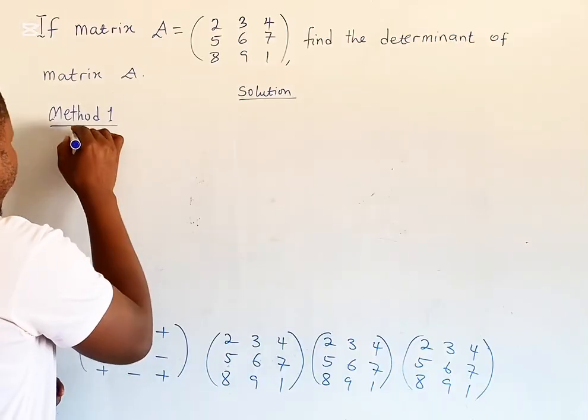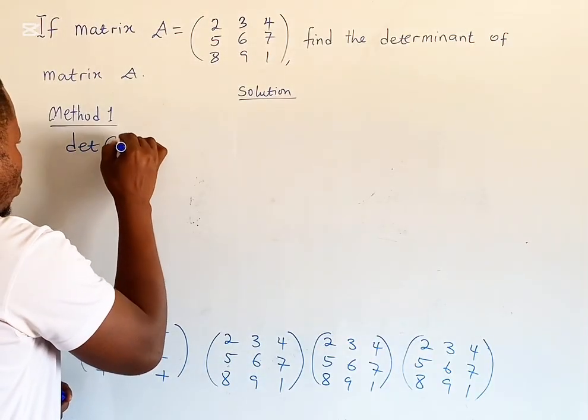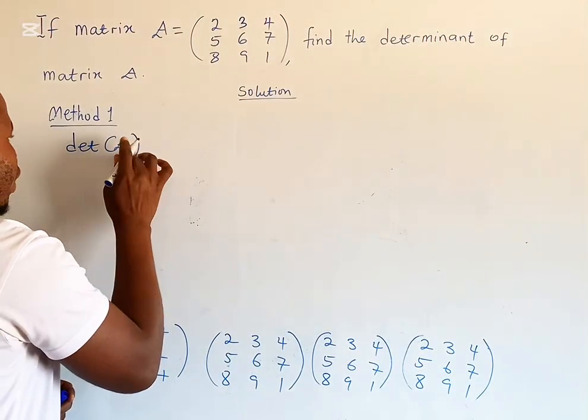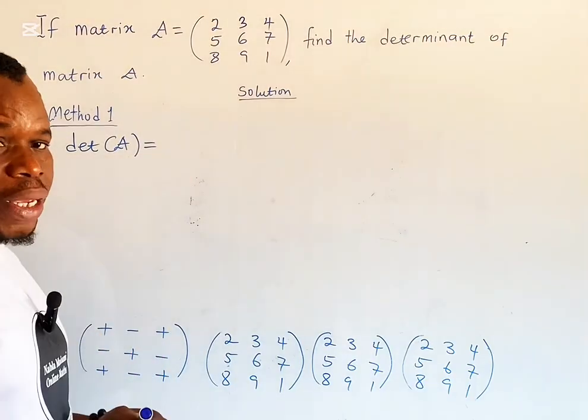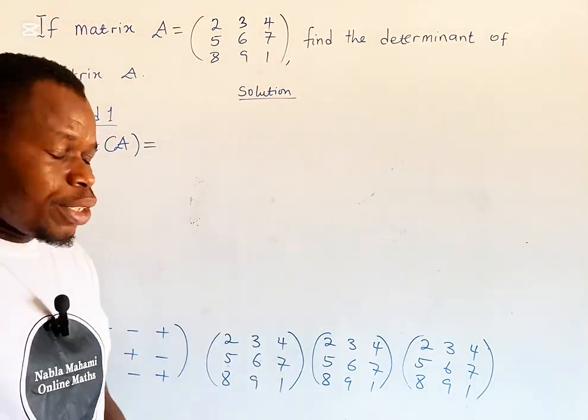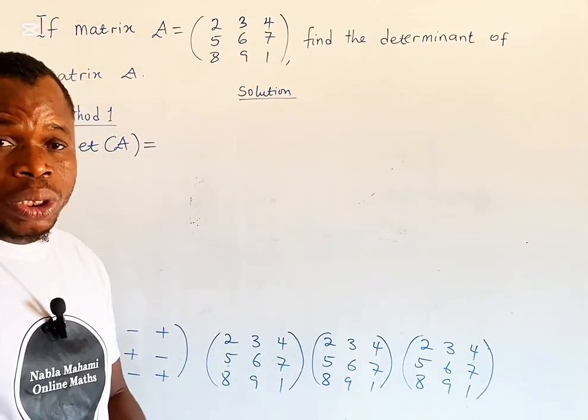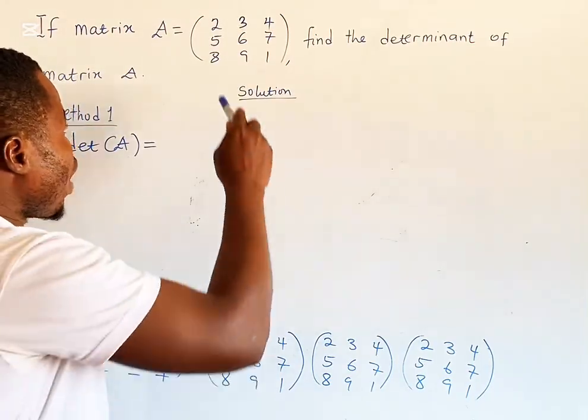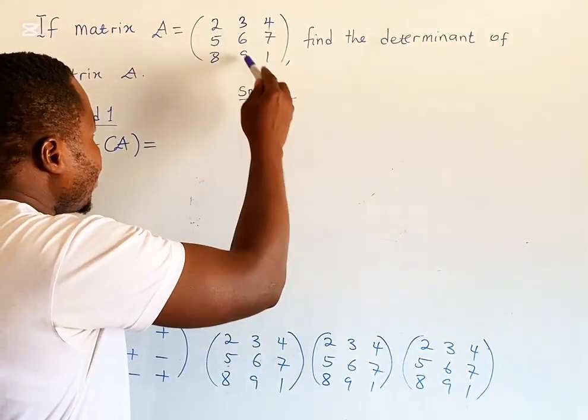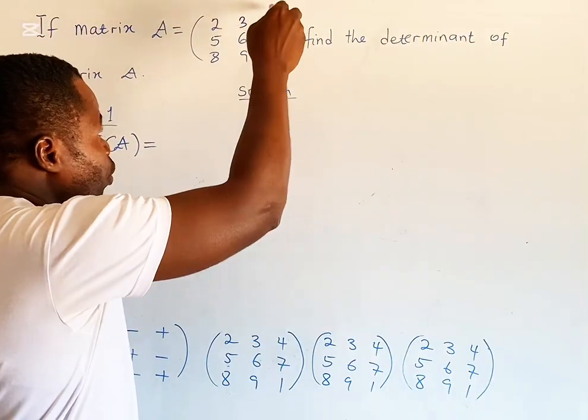I'll start by saying det of the matrix A, which is known as the determinant of A. To use the pattern rule, you know that a 3 by 3 matrix has 3 rows and 3 columns. The rows are 1, 2, 3, and the columns too, 1, 2, 3.